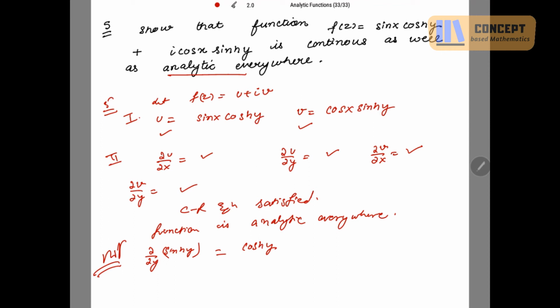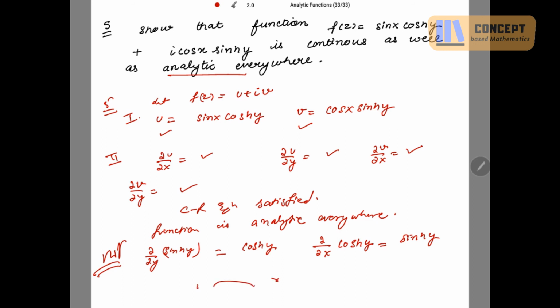Okay, and the derivative for cos hyperbolic y is also sin hyperbolic y. हाइपरबोलिक फंक्शन में प्लस माइनस का कोई चक्कर नहीं है, तो इनका डेरिवेटिव इसको यूज़ कीजिए और ये सॉल्व कीजिए. आपके ये जो है पार्शियल्स जो है आप निकालिए, तो CR इक्वेशंस आपके सेटिस्फाई हो जाएंगी.